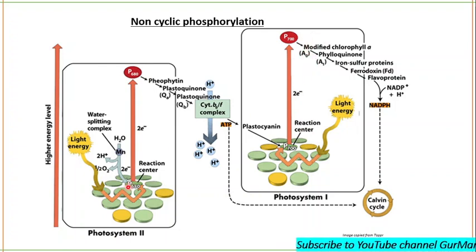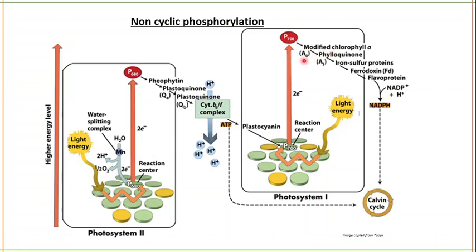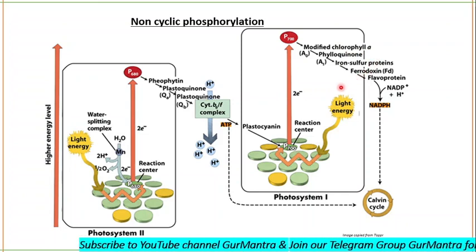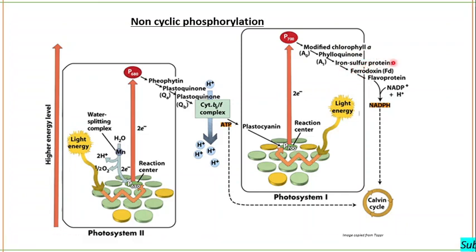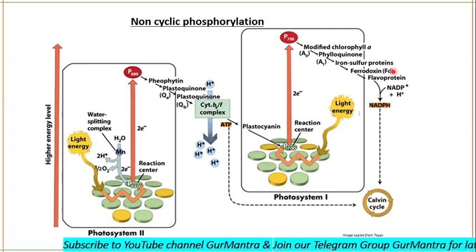After plastocyanin transfers its electron to P700, P700 will transfer two electrons, one by one, then two others will come. P700 will transfer its electron to chlorophyll A, modified chlorophyll A, then to phylloquinone, which is A1, and then from phylloquinone, the electron moves to ferredoxin, which is the iron sulfur protein. From ferredoxin, there comes the ferredoxin NADP reductase.